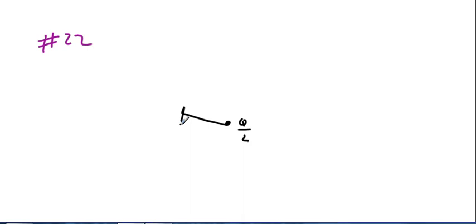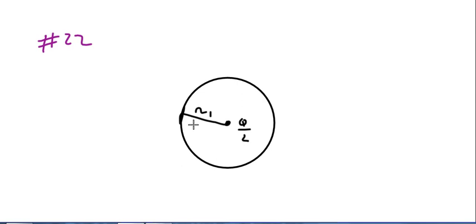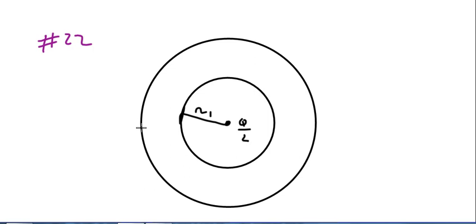Then I have a radius 1, and then I've got a radius 2, and there's my radius 2.